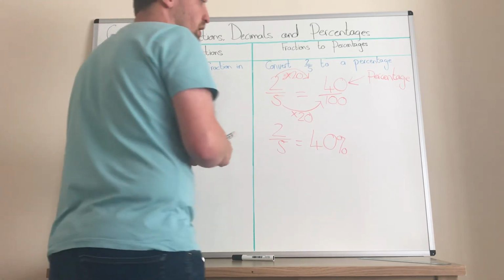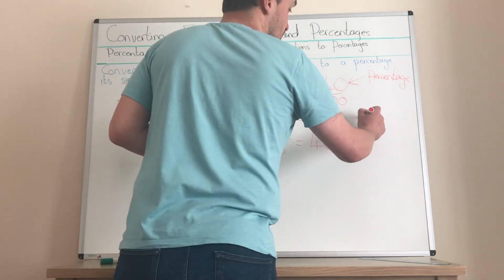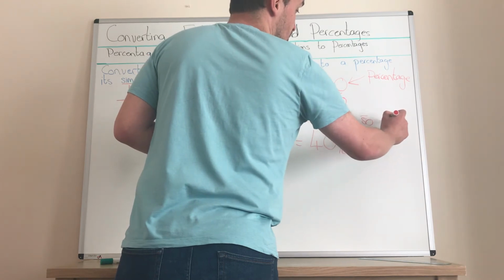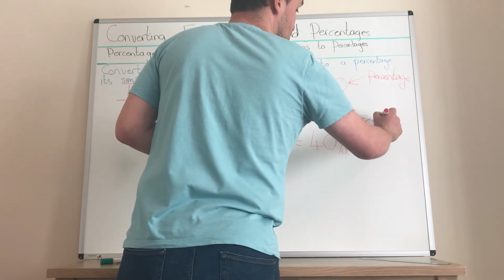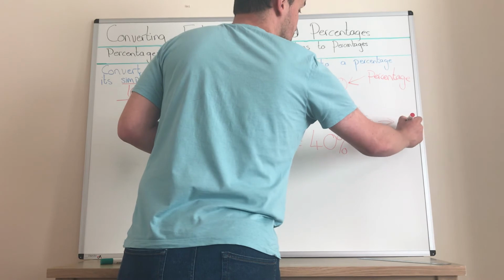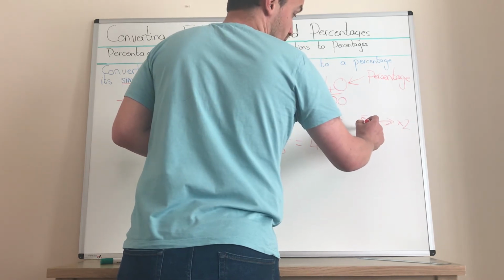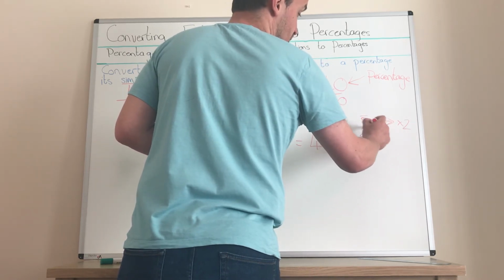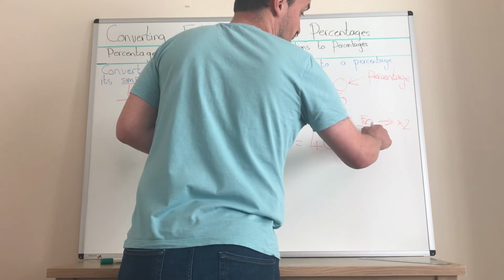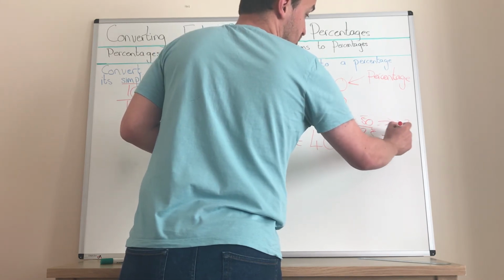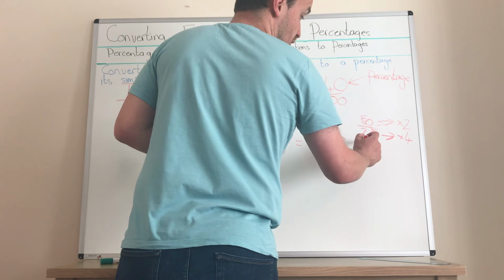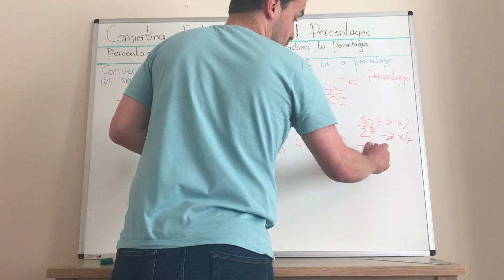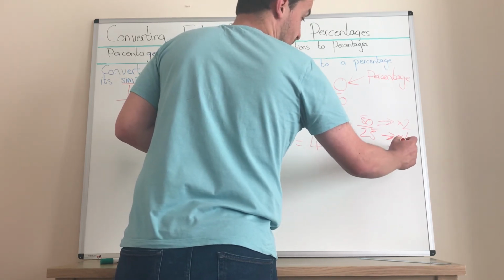Maybe we should make a note of these actually. Over 50, we times by 2. Over 25, we would have to times by 4. Over 20, we times by 5.